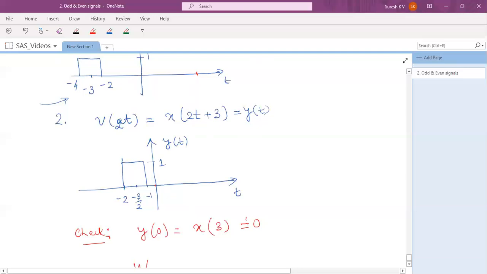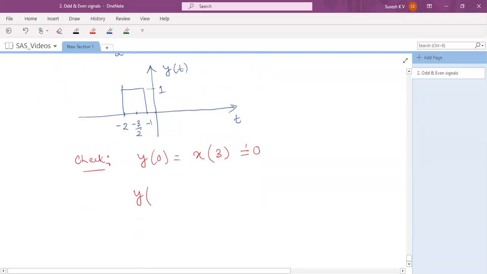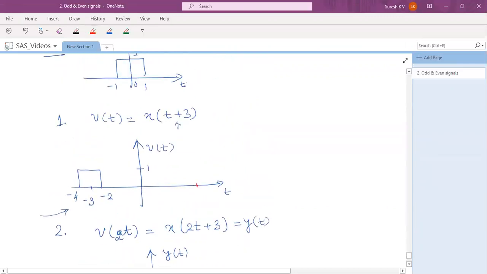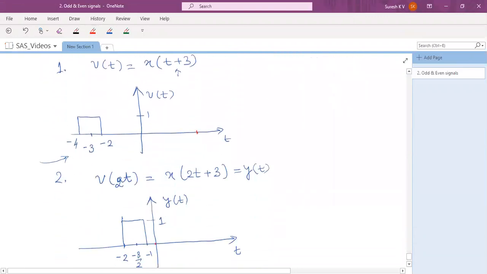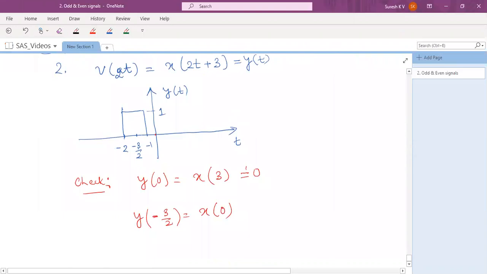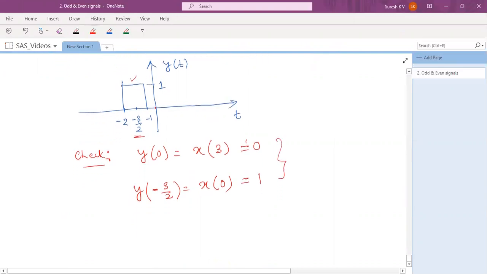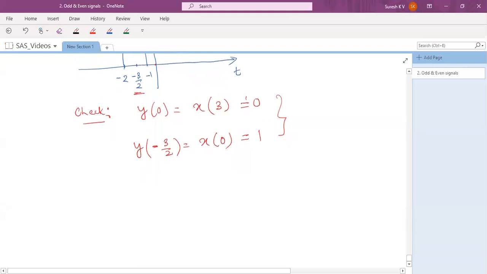So b here is 3 and a is 2. So y at minus 3 by 2 means x at 0. You can observe x at 0 is equal to 1. So y at minus 3 by 2 you can see is 1. So you can verify that this condition is satisfied. Okay, so that is how I can say the precedence rule has been followed and we are getting the correct output.